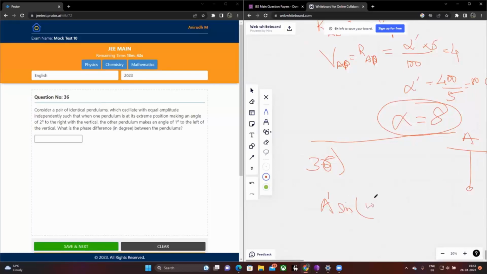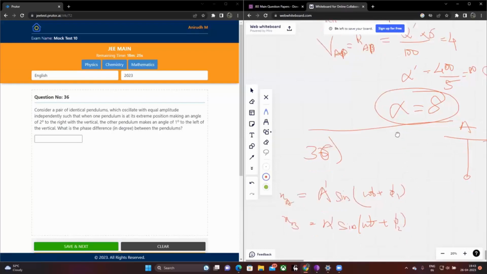So XA is A dash sine omega t plus phi 1, and XB is A dash sine omega t plus phi 2.